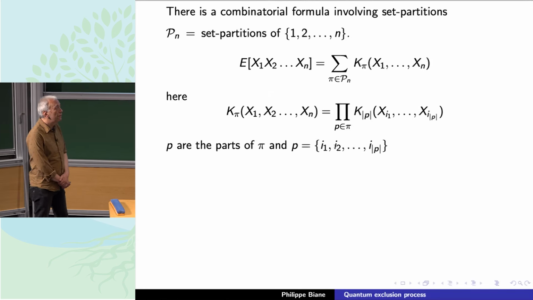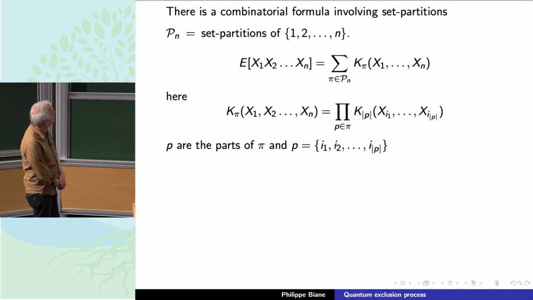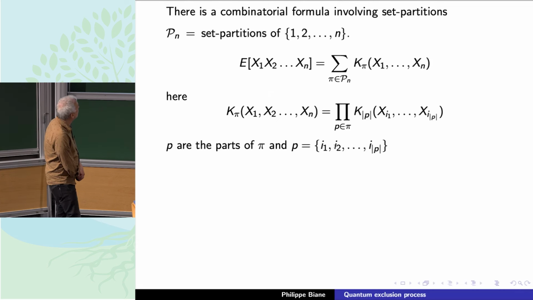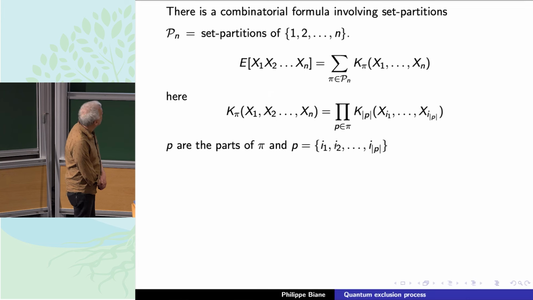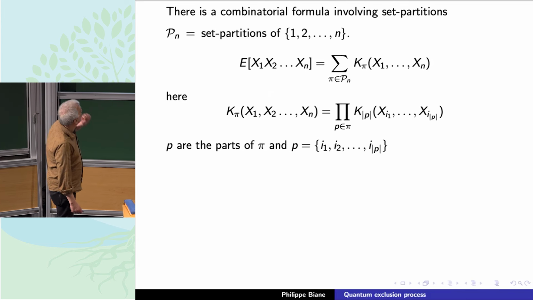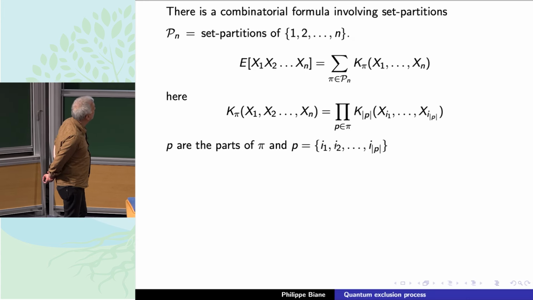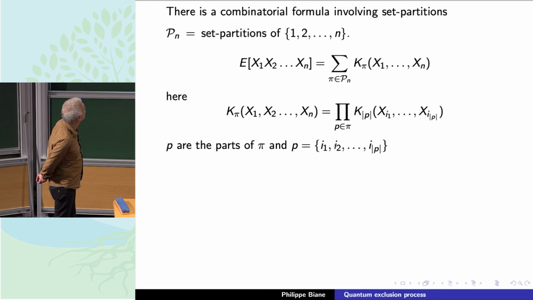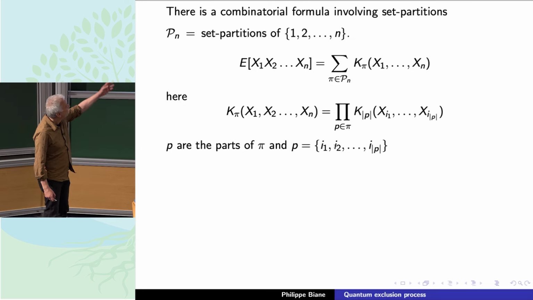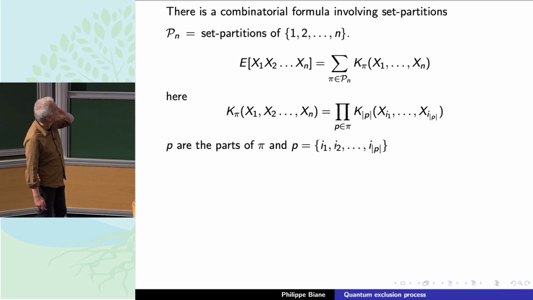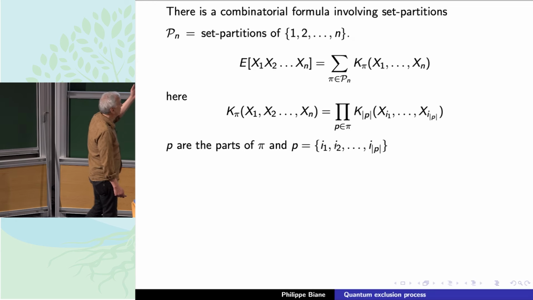Now there is a combinatorial formula in order to compute these objects. For this, I use the set of set partitions of numbers from 1 to n. There is a way to write the moment, the expectation of the product x1 to xn, as a sum of products of classical cumulants, the k's. Here, pi is a partition of 1 to n, and k pi is a product over all the parts of the partition of k evaluated on the x indexed by the elements of the part.